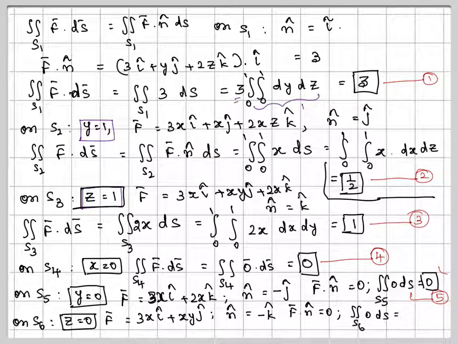So double integral over S6 of 0 dS will be 0 as well. So we notice now we find the double integral over S by adding all the integrals on each one of these 6 faces.